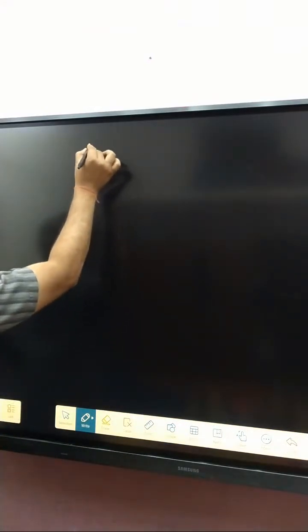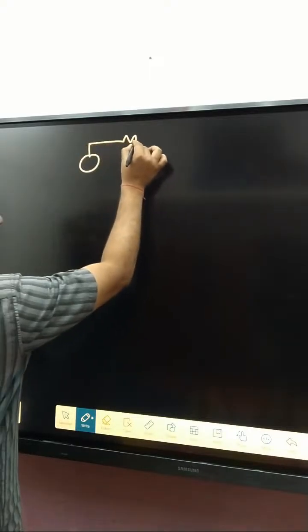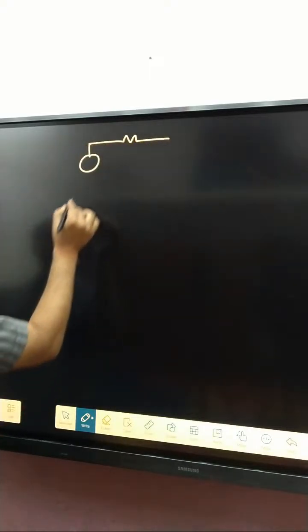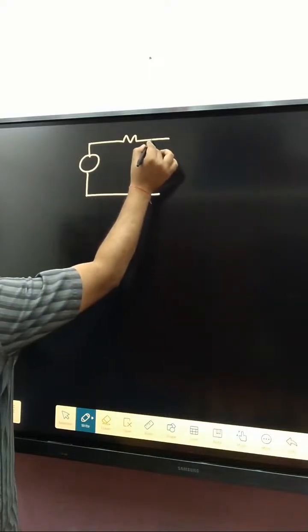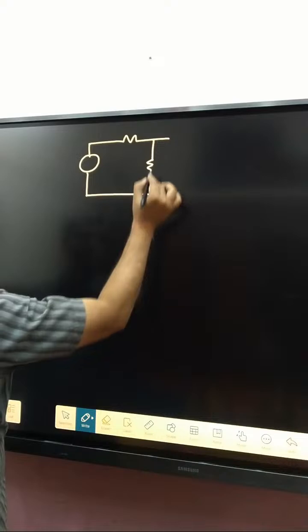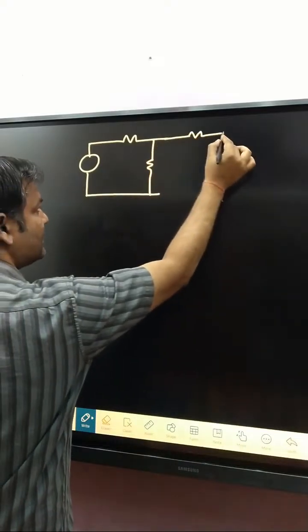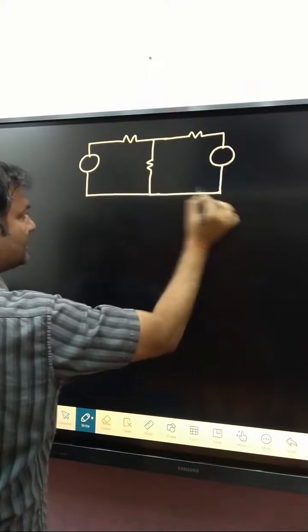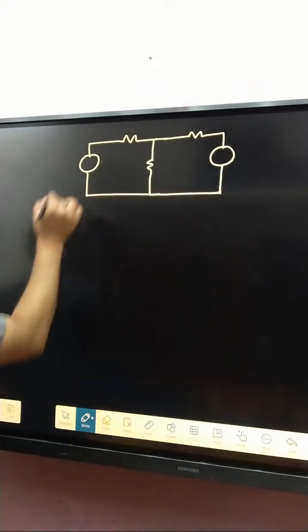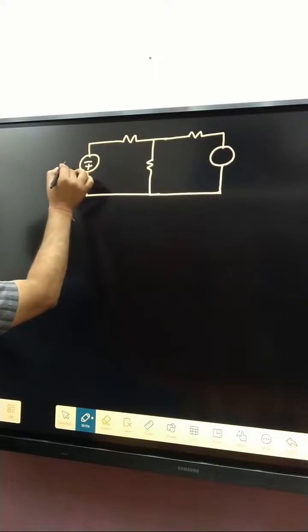Suppose there is a source voltage, here a resistance connected, and a simple resistance connected, another resistance connected, and here another voltage source like that.